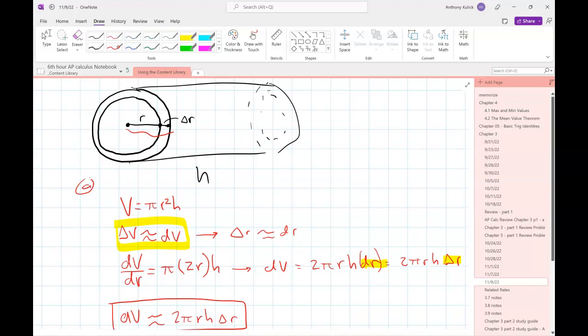So what I'm doing here, I'm using this as my volume, which is just the volume of the insides. Now, if I look at the derivative of that, that's the rate that volume is changing as R changes.